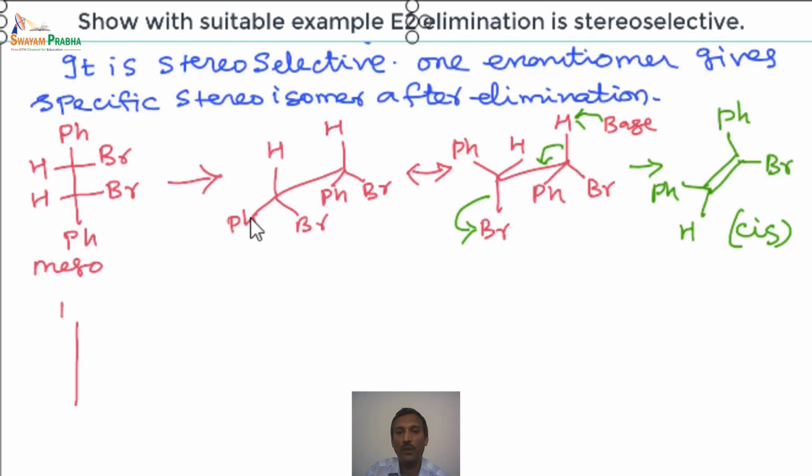When we do that, we can keep the back carbon as it is, and we can move the other carbon as mentioned here. So if the phenyl is at the top and we look clockwise, it is phenyl, bromine and hydrogen. Here it is phenyl, bromine and hydrogen in the anticlockwise direction. But if you look at the front carbon, it is phenyl, hydrogen, bromine in the clockwise direction.